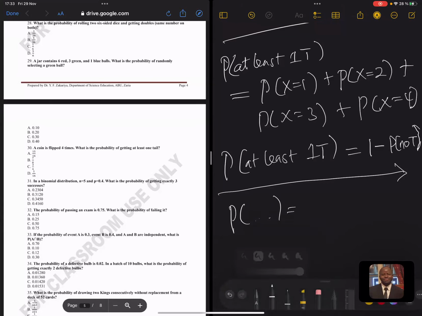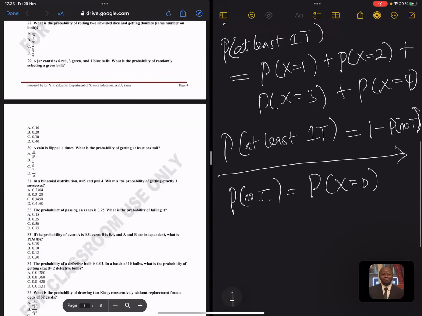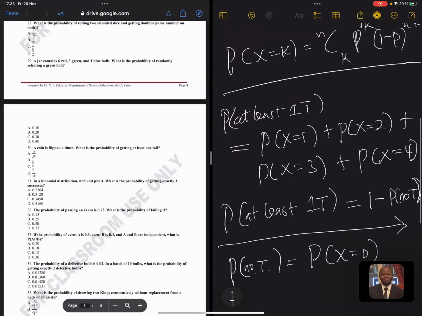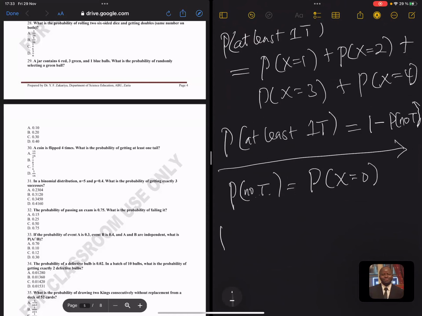Probability of no tail equals probability of x equals 0. And x equals 0, remember, using our formula, P(x=0) is the same thing as 4 combination 0, times p, which is the probability of tail. Let me write this.